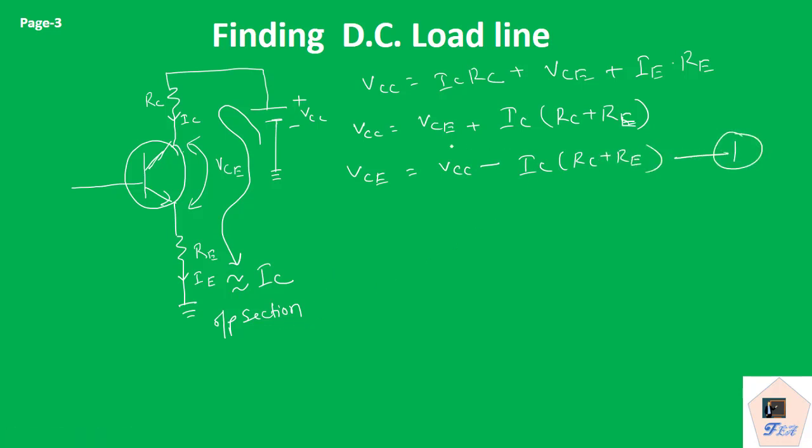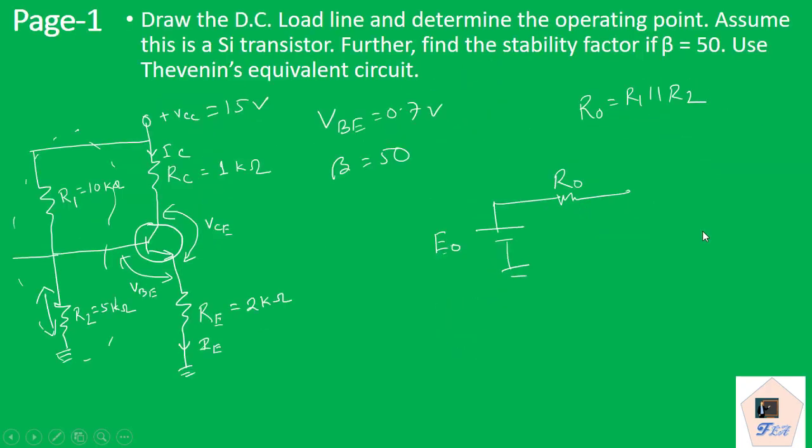Now from this output equation, we can find the DC load line. First, we shall consider VCE equal to 0. So this will imply that IC value is equal to VCC by (RC plus RE). So substitute the values of VCC, that is 15 volt, and RC and RE values we have considered as 1 kilo ohm and 2 kilo ohm.